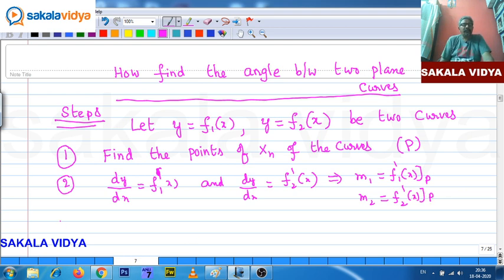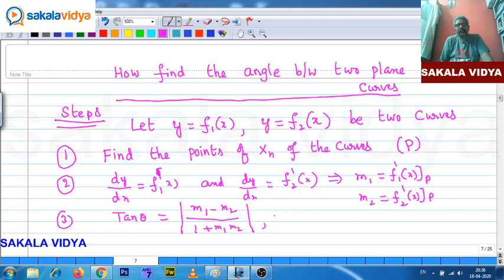Next, now third, let theta be the angle between the two curves. Then tan theta you need to find out. Tan theta is equal to modulus of (m1 minus m2) by (1 plus m1 m2), where m1 m2 does not equal minus 1.